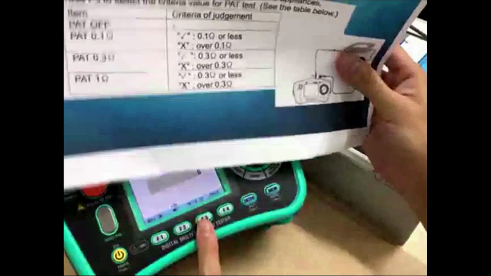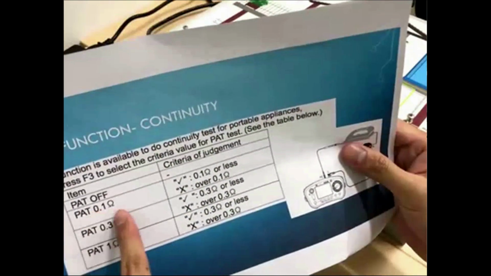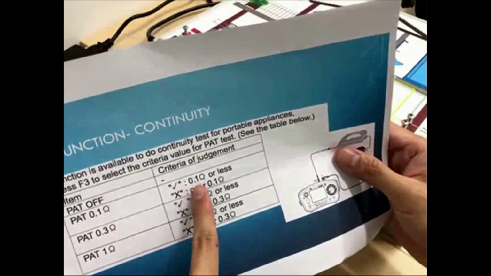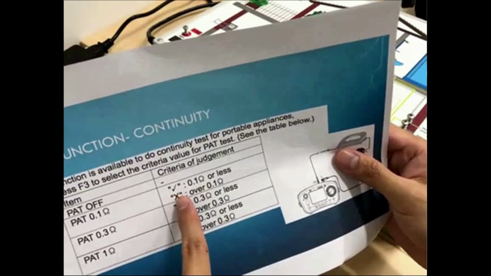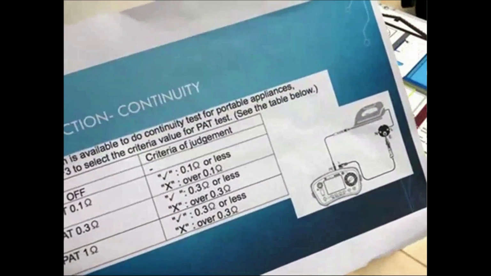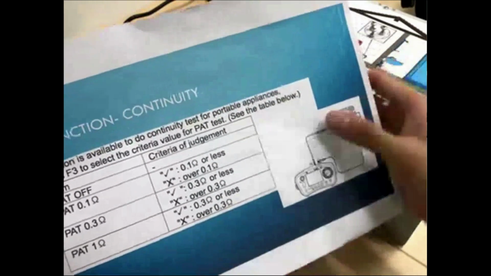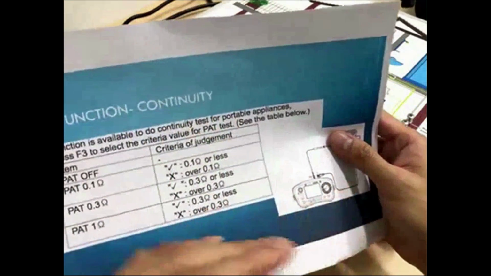You see here, pad 0.1 ohm. When you set to pad 0.1 ohm, when it is 0.1 ohm or less, it will show you a correct mark. So meaning to say this appliance is safe to use.